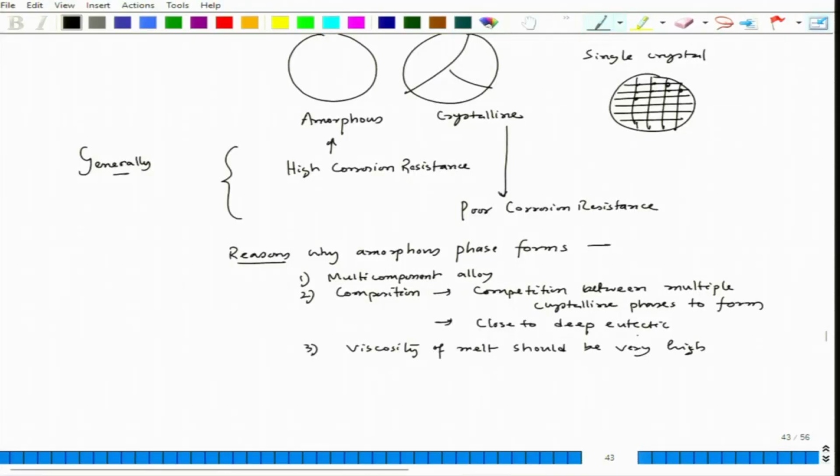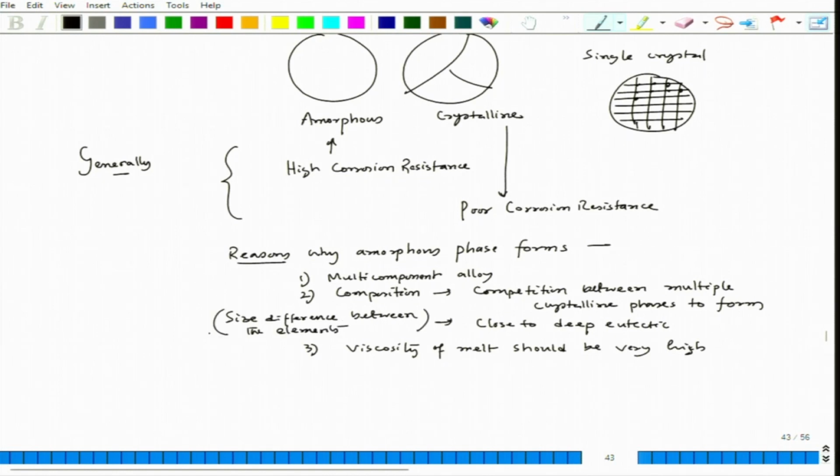Let me tell you, this is in a simplistic manner, and I am talking about making amorphous from the molten state. So these three things can explain the formation of the glassy state. And in fact, when we talk about deep eutectic, it associates with another thing, there is a considerable size difference between the elements.